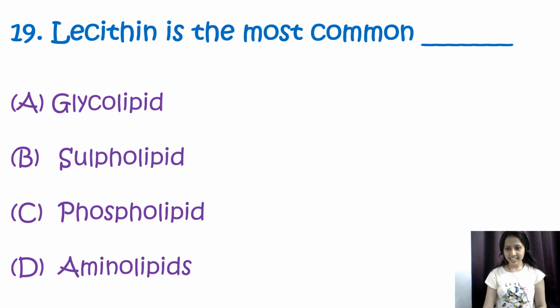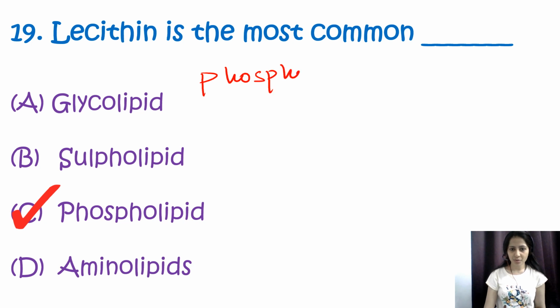So question number 19. Lecithin is most commonly a glycolipid, sulfolipid, phospholipid, or an aminolipid. So it is a phospholipid. Lecithin is most commonly a phospholipid. And another name for lecithin is phosphatidylcholine. Okay.